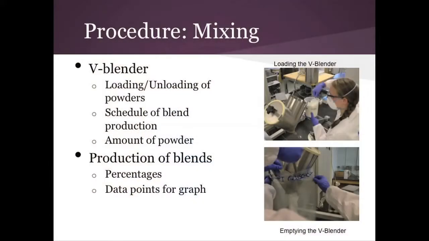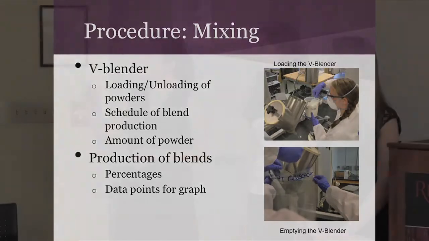As I mentioned before, we used the V blender to make our blends. We used 1 kilogram of powder per blend, and we loaded our excipient and our API in powder form through one leg, simply to provide a more homogeneous mixture. We also increased the API in increments of 10%, going from 0% API to 100% API, and after that we would test the flowability.